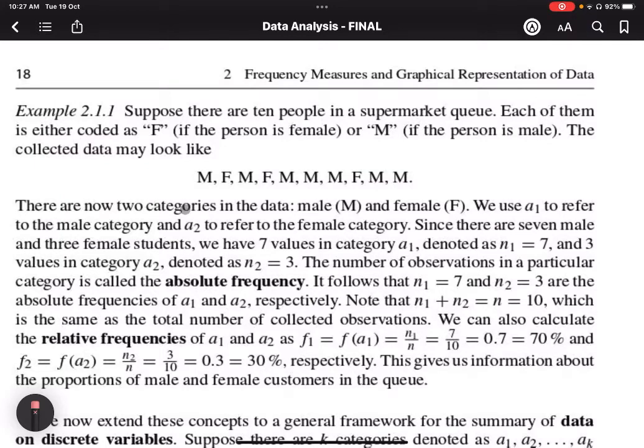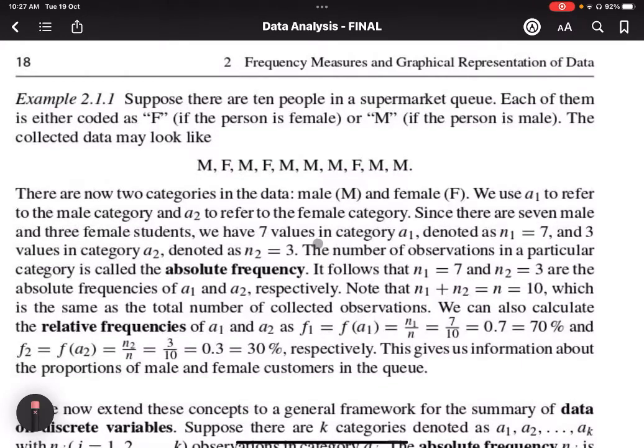And then we can create two categories, male and female. So we use A1 to refer to the male category and A2 to refer to the female category. Since there are 7 male and 3 female, we have the following data. We have 7 values in category A1, which is the male category, denoted as N1 equals 7.